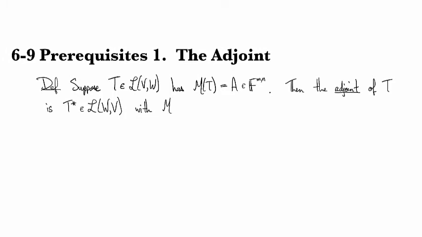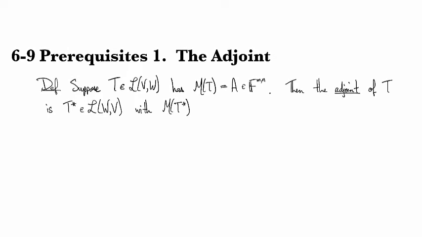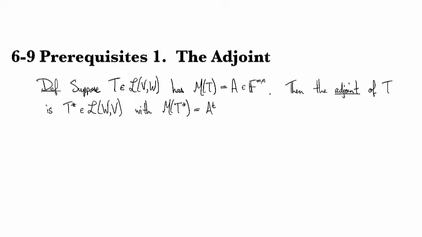And we can think of it as being defined as the linear map whose matrix is the transpose of A. And if it's complex, we need to take the conjugate transpose.